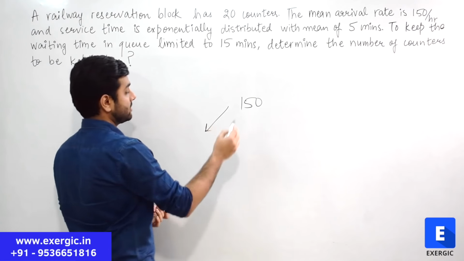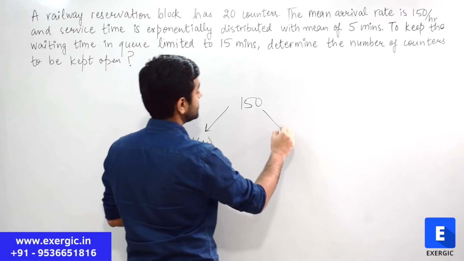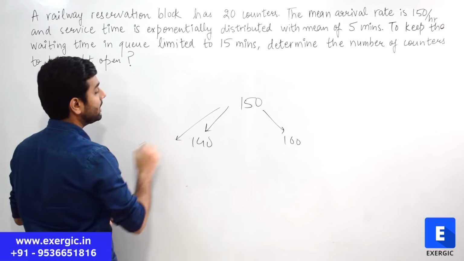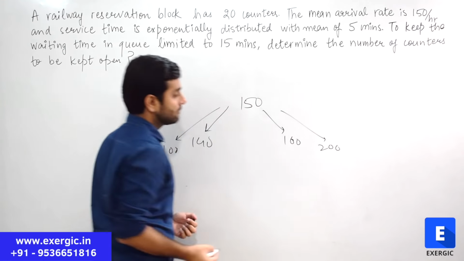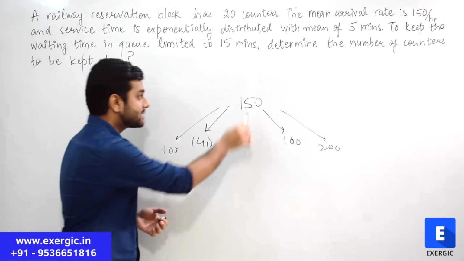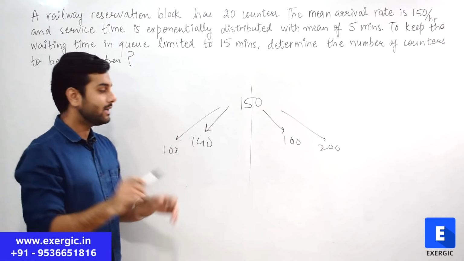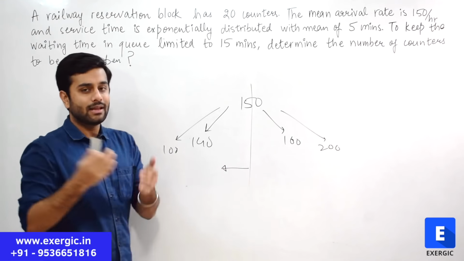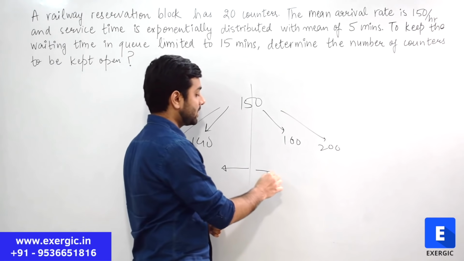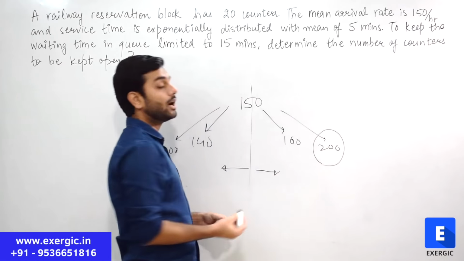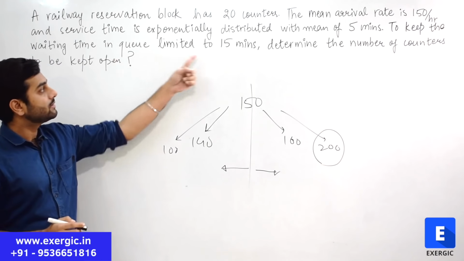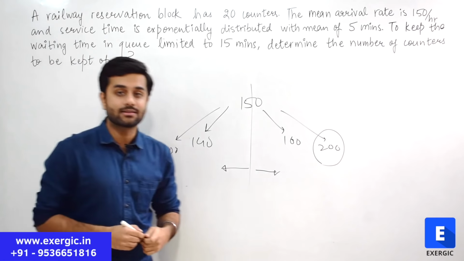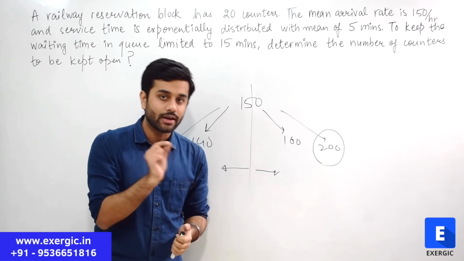It can range maybe from 140 to 160, or maybe from 100 to 200. So if you are just designing for this, it will handle the lesser crowd. But when the crowd starts increasing, especially in peak hours, how can you ensure that this time will be limited to 15 minutes? You cannot ensure it.